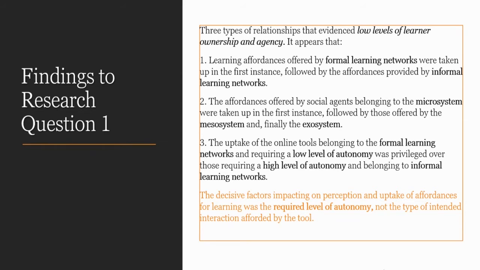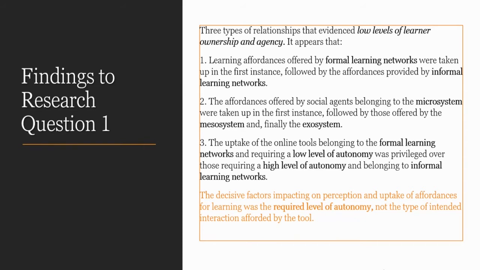For example, if on a Blackboard site, I say directly, you need to do this, and you need to do this, and you need to use this and this software. This is low autonomy. So this type of learning networks or affordances were privileged by students.